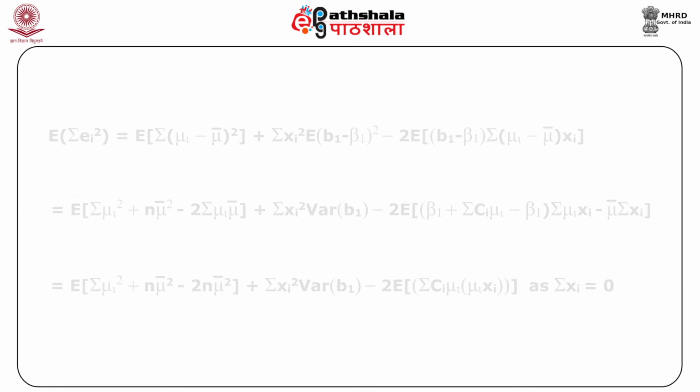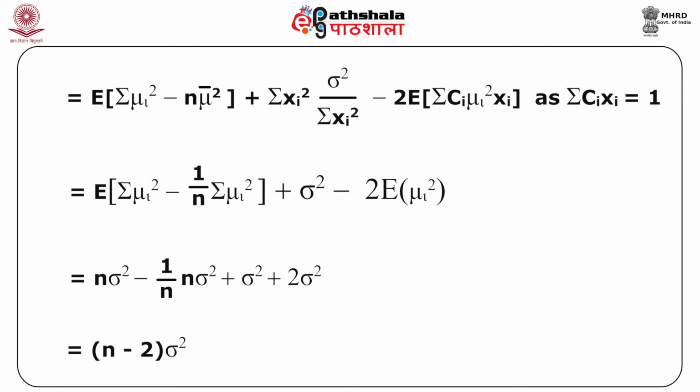This is equal to expectation summation mu i square minus n mu bar square plus summation xi square into sigma square divided by summation xi square minus 2E summation ci mu i square xi, as summation ci xi is equal to 1.